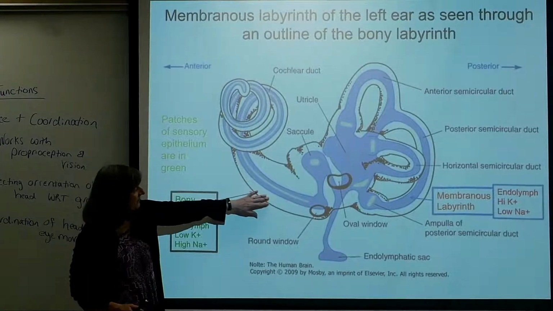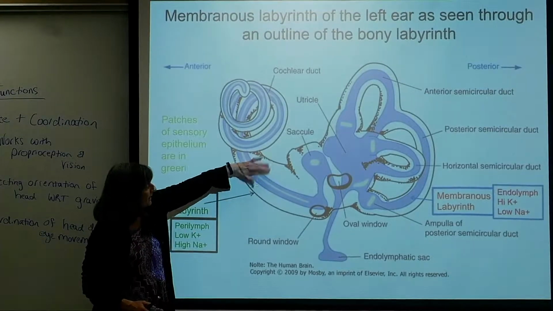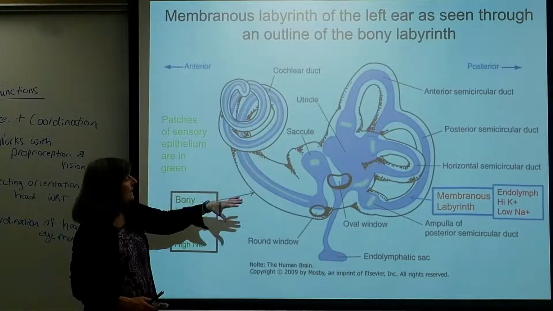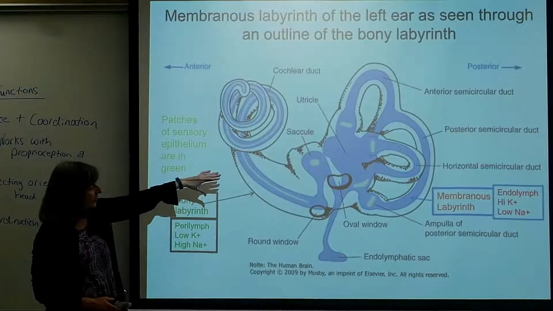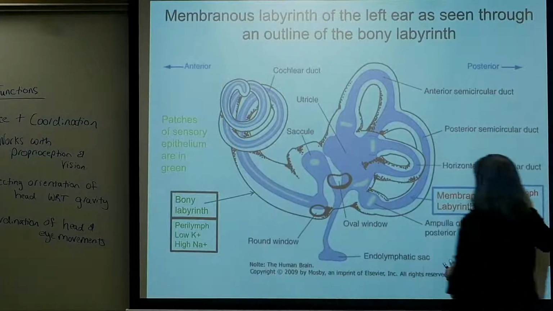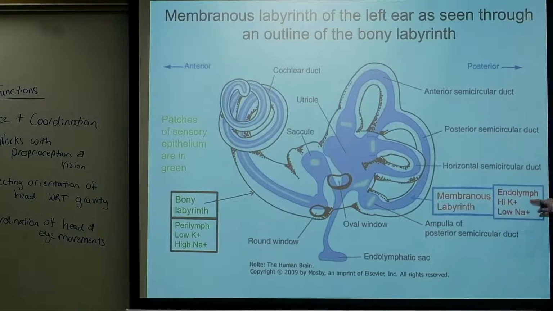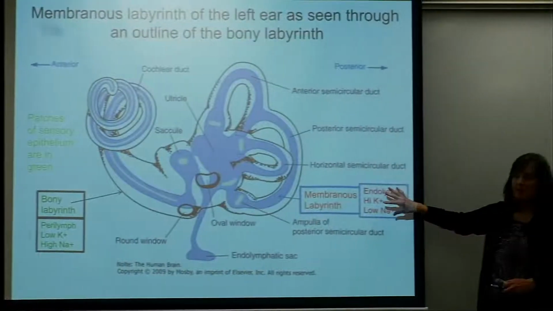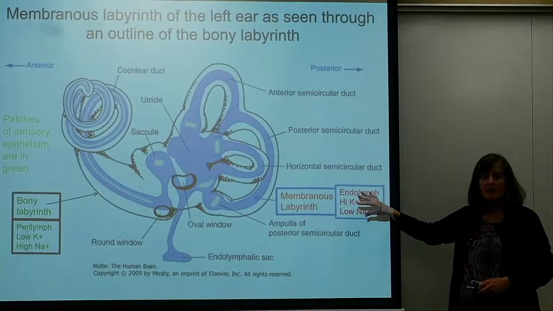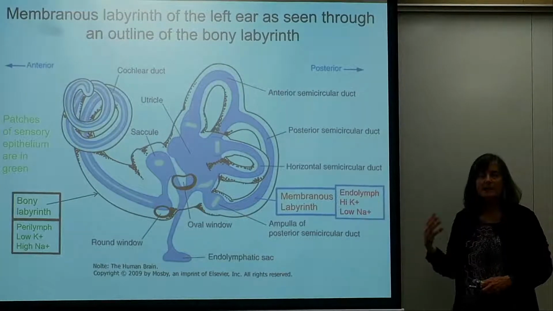That fills all the spaces between these dark black outlines. Suspended in the bony labyrinth is our membranous labyrinth, which has a different type of fluid called endolymph. Endolymph is high in potassium and low in sodium. This difference between the endolymph and the perilymph is very important for the ability of this system to react quickly.